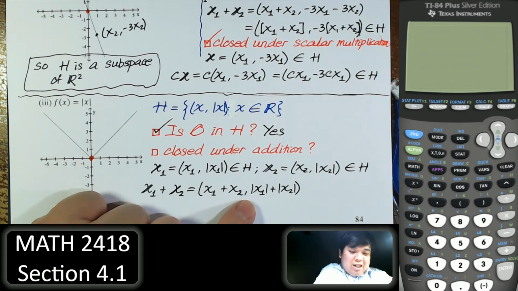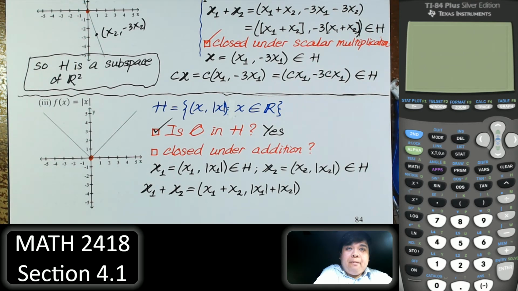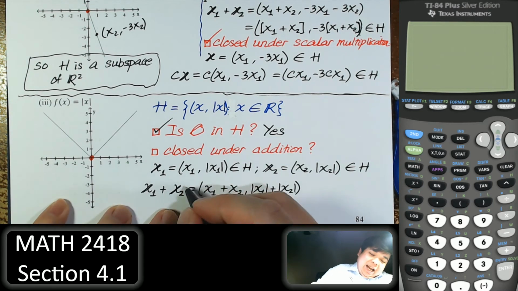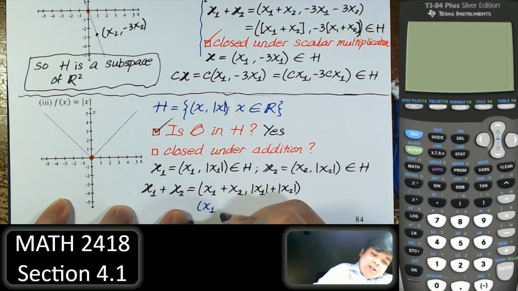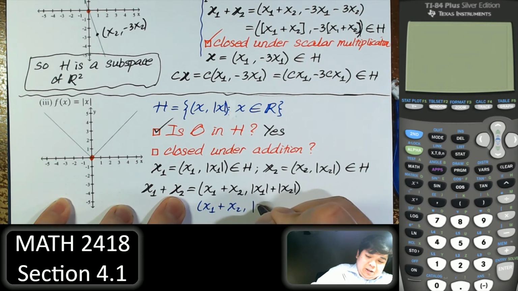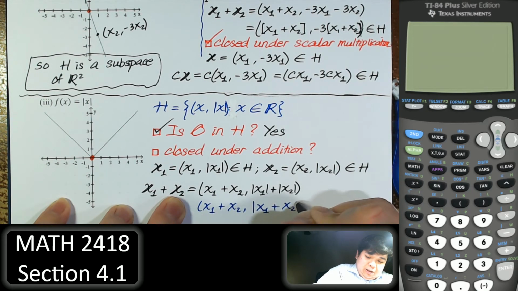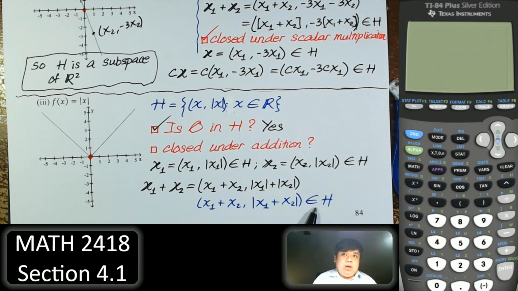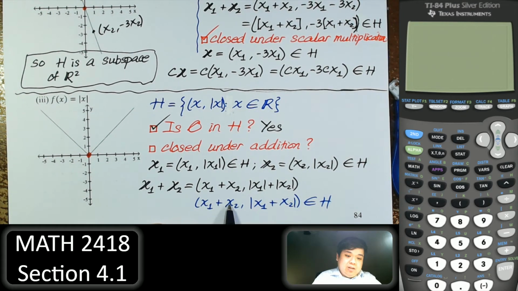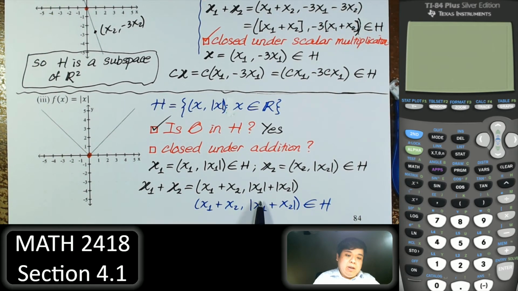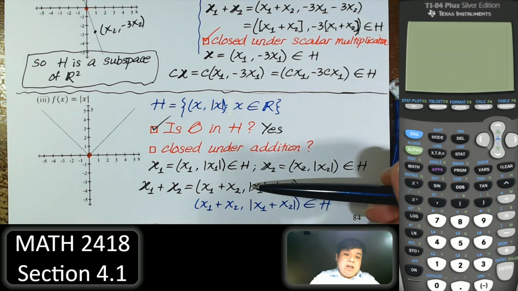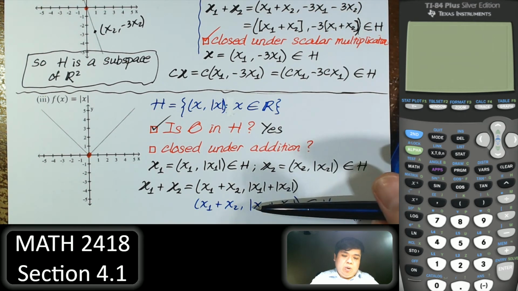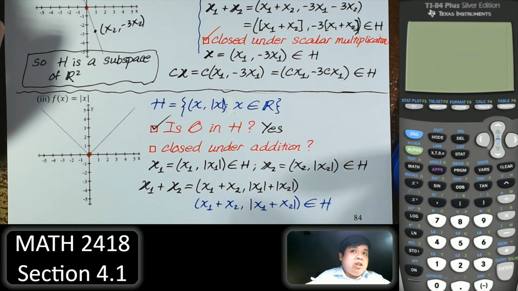Now, does this belong to the set H? It depends. If it is in this form, then definitely it will be in set H, right? Because this is the first component and the absolute value of the first component. Now this is slightly different. My question is: is the absolute value of x1 plus the absolute value of x2 equal to the absolute value of x1 plus x2? And the answer to that is no.